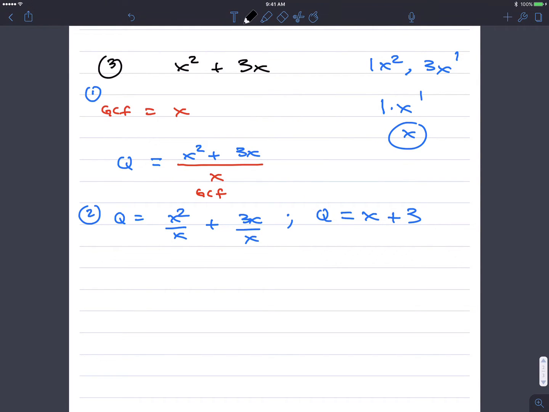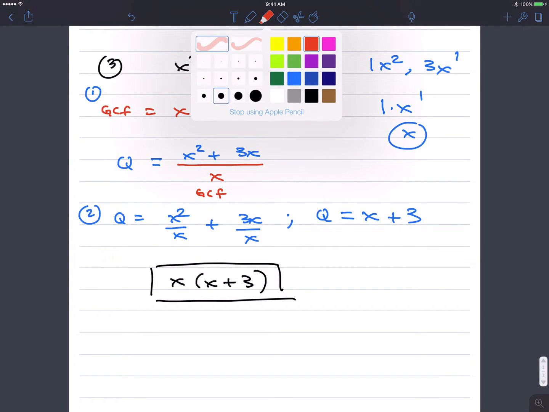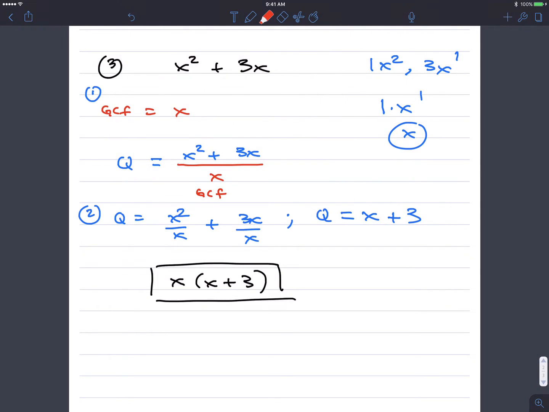What's the third step? Write your answer. How do you write it? GCF times the quotient. You have factored out the greatest common factor. Here, my GCF is x.